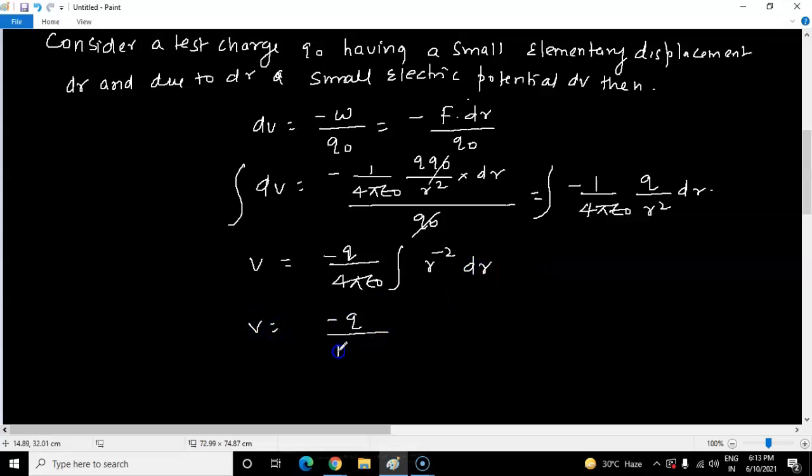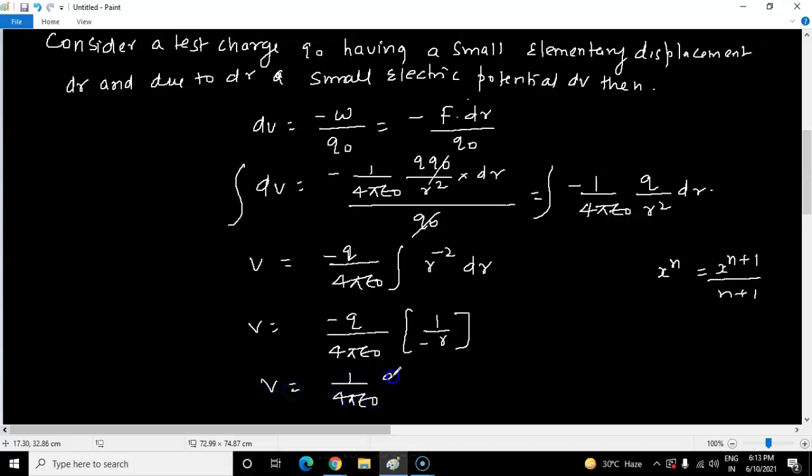Yes, sir. And for R to the power minus 2 integration, you apply the x to the power n formula: x to the power n plus 1 by n plus 1. So minus 2 plus 1 becomes minus 1, by minus 1 becomes 1 by R. Yes, sir. That is minus 1 by R. So minus minus becomes plus here. You can write 1 by 4 pi epsilon naught Q by R. So this is the formula for the electrostatic potential.